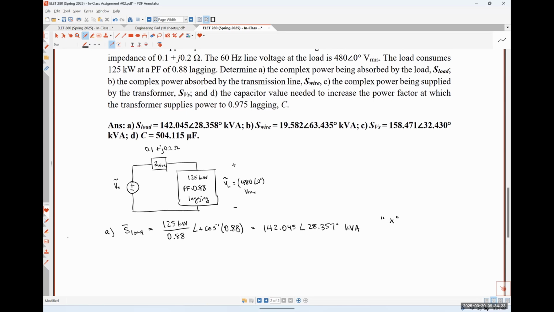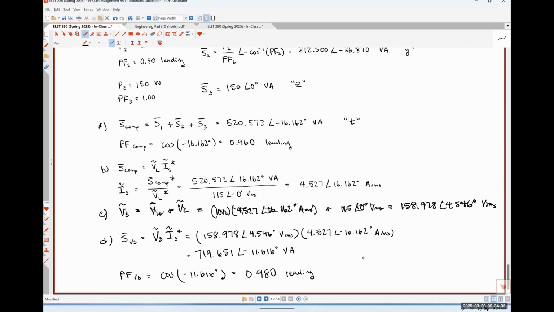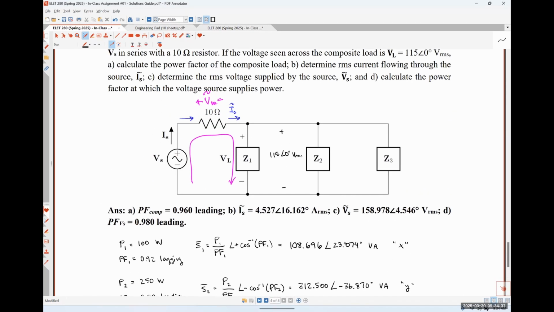It may not be obvious, but we have actually done this type of calculation before as well. If we look back at the last problem for this ICA, that 10 ohm resistor is pretty much playing the role of the impedance of the transmission line. So what we are going to do is something similar to this.